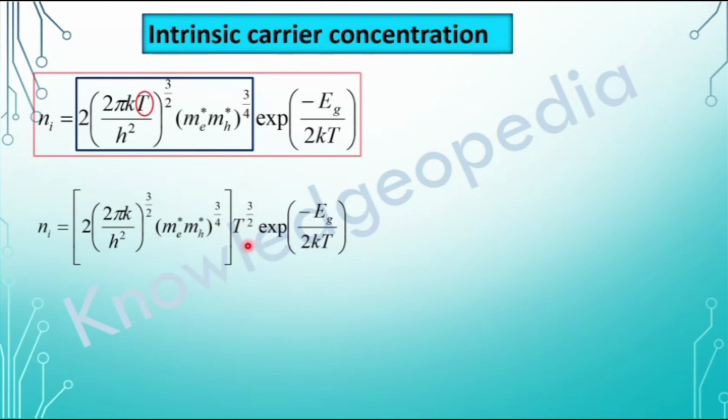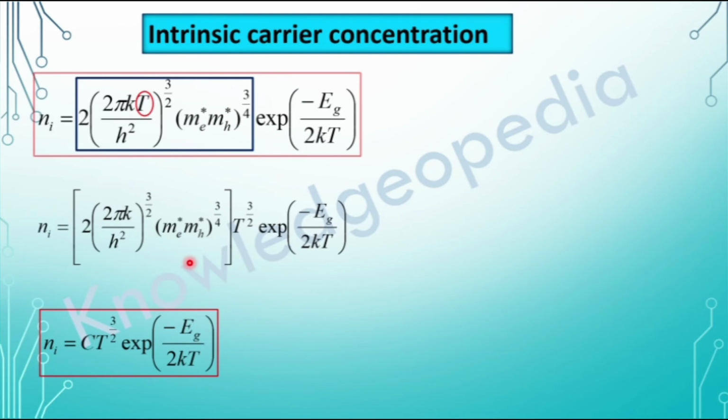So, it is t to the power 3 by 2 exponential minus Eg by 2 kt. Here all the quantities within this bracket are constants. So, I can replace this bracket with a single constant, that is equals to C. So, this total thing is replaced by a single constant C, and this t to the power 3 by 2 exponential minus Eg by 2 kt.